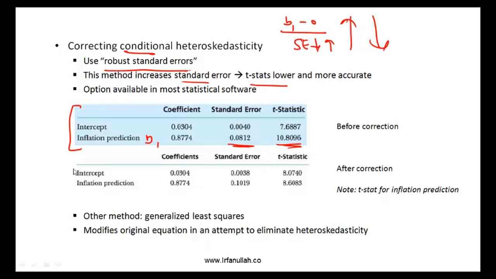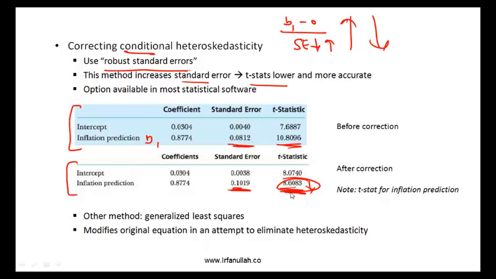Then in white here, I have taken the standard error with the correction. So when we do the correction, what has happened to the standard error? It's gone from 0.08 up to 0.1. So the standard error has been bumped up. And what does that do to the t-stat? It decreases the t-stat. So this is the better t-stat to look at. Now you've made the correction, you have a better t-stat.